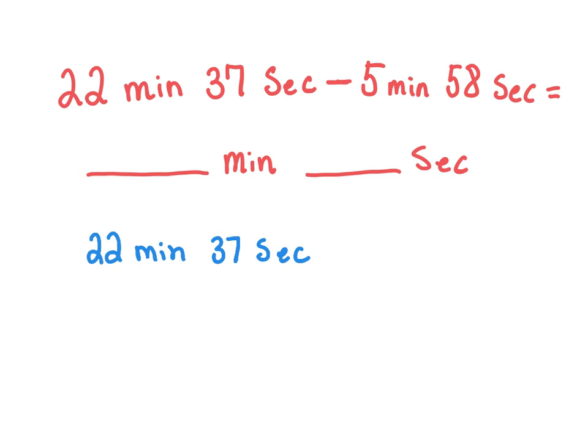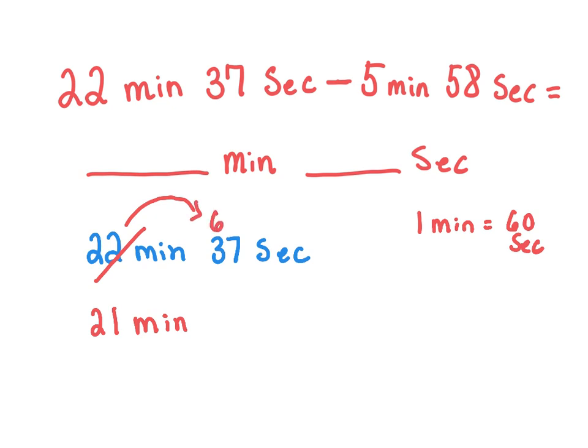So let's take away 1 minute to get 21 minutes. Now we know that 1 minute is equal to 60 seconds. And we're going to give those 60 seconds over to the 37 seconds to get 97 seconds. So we have 21 minutes and 97 seconds, but we're not finished yet because we still have to focus on that.